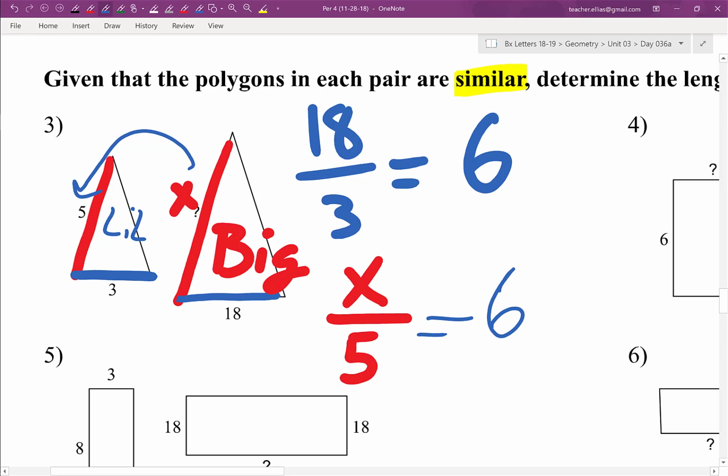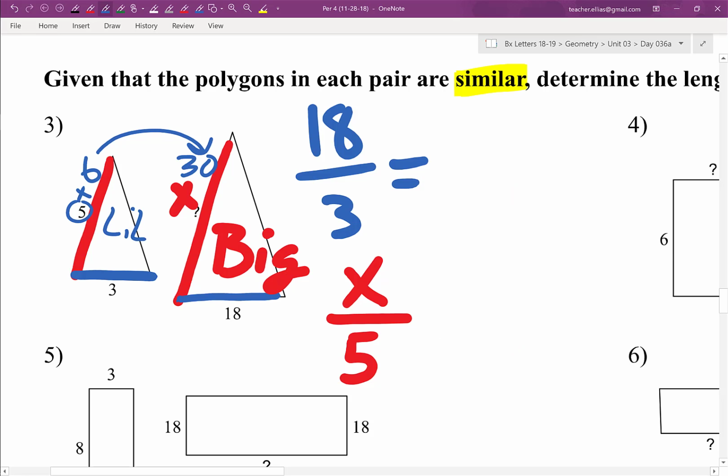If these triangles are similar, I know when I compare corresponding sides, the ratios have to be the same. Instead of doing your scale factor times the original side to find out that this is 30, like I know you can do that, what I want you to do is make a proportion.